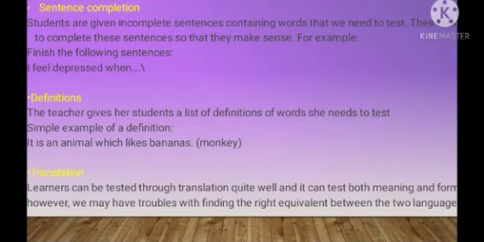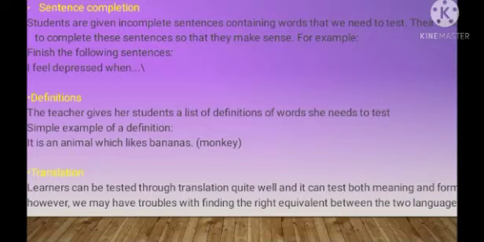Okay, 8. Sentence completion. Students are given incomplete sentences containing words that we need to test. Their task is to complete the sentences so that they make sense. For example, finish the following sentences. I feel depressed when blah blah blah. So the student should complete the sentences.